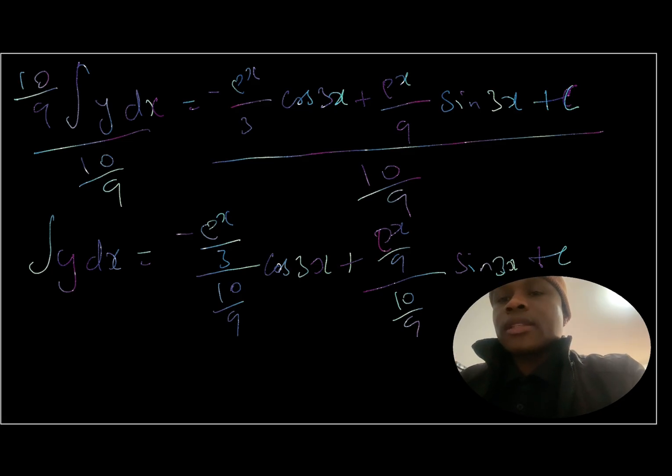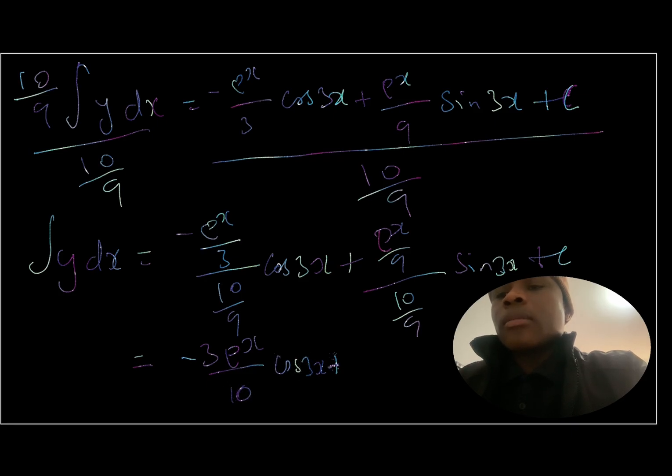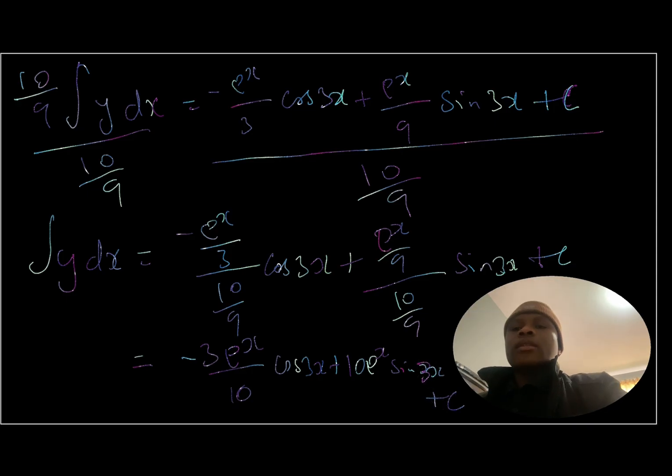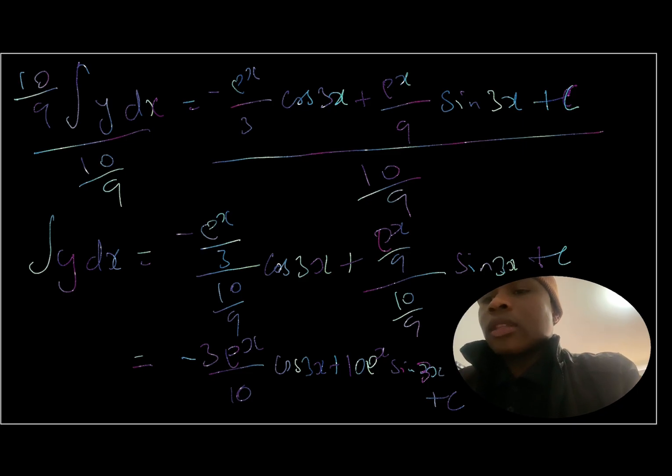So here we'll be left with negative 3e^x over 10 cos 3x plus here we'll be left with e^x over 10 sin 3x plus c. Now we have come to the answer.